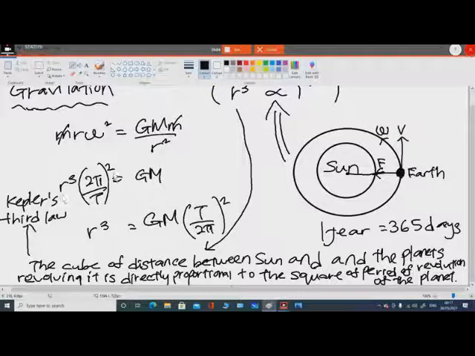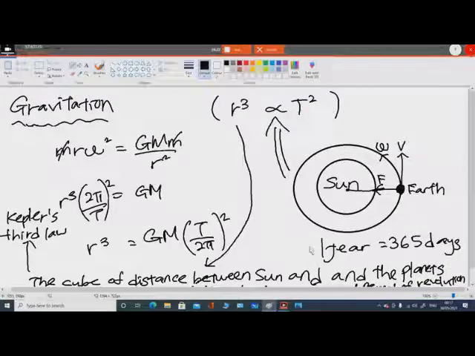So Kepler's third law states that the cube of the distance between the Sun and the planets revolving it is always directly proportional to the square of the periods of revolution of the planets. So this is how Kepler's third law explains the revolution of the planets around the Sun in our solar system.